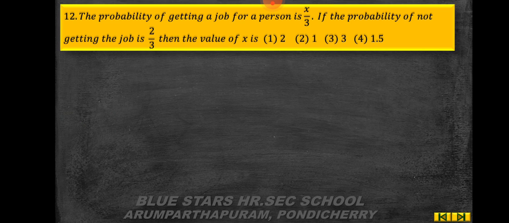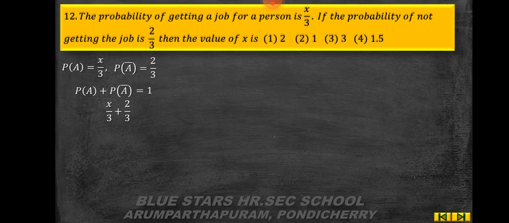Question number 12. The probability of getting a job for a person is x by 3. If the probability of not getting the job is 2 by 3, then the value of x is option 1, 2, option 2, 1, option 3, 3 and option 4 is 1.5. So P of A is equal to x by 3 and P of A bar is equal to 2 by 3. So P of A plus P of A bar is equal to 1, we know that is the formula.